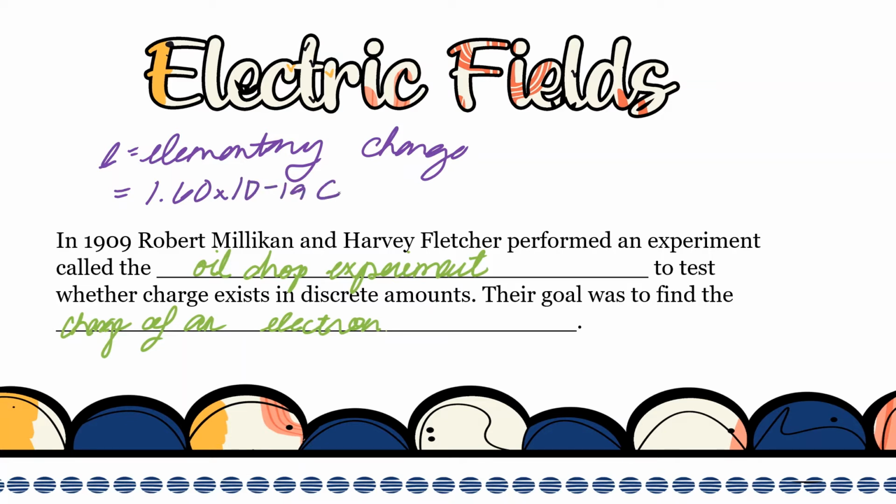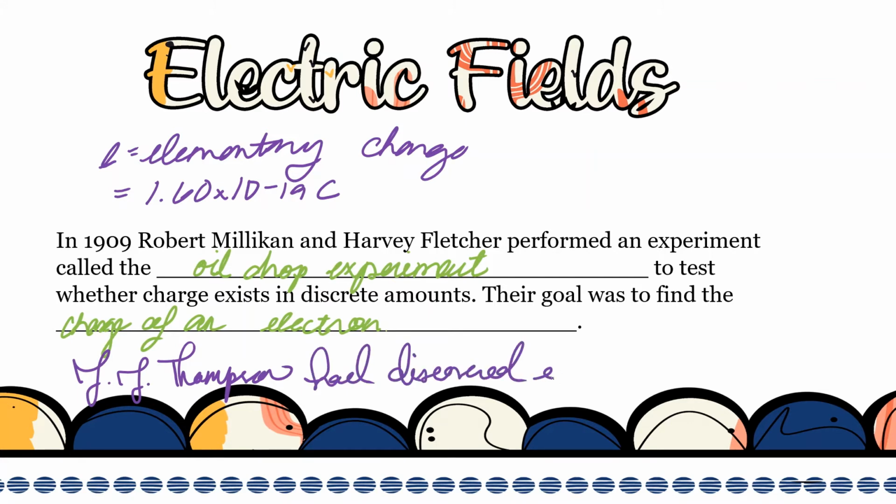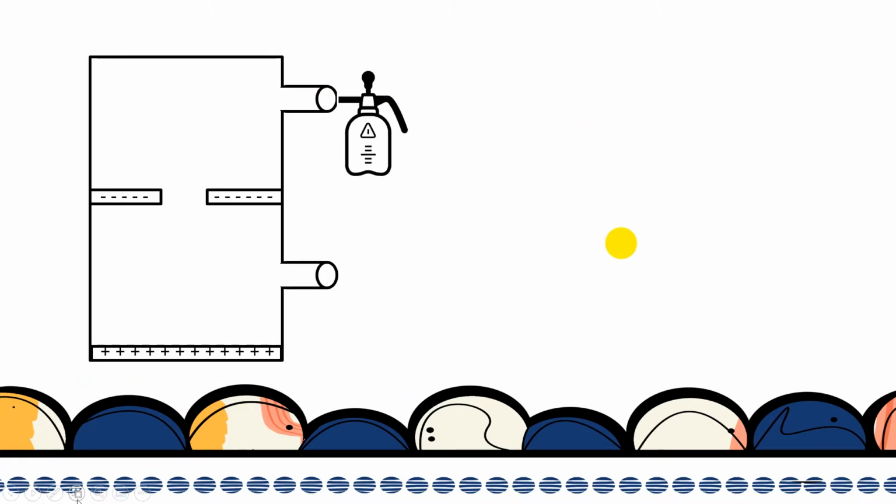But at this time, all we'd known was that J.J. Thomson had discovered the electron, and that was it. So we were going to figure out how big or how small is the charge on that electron. So what did we do?